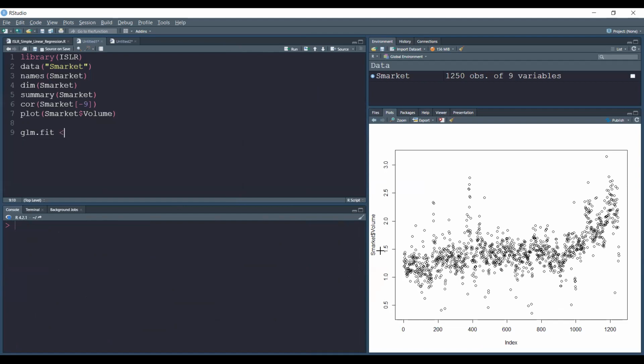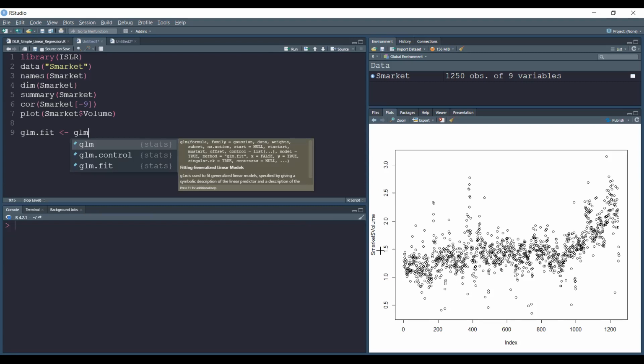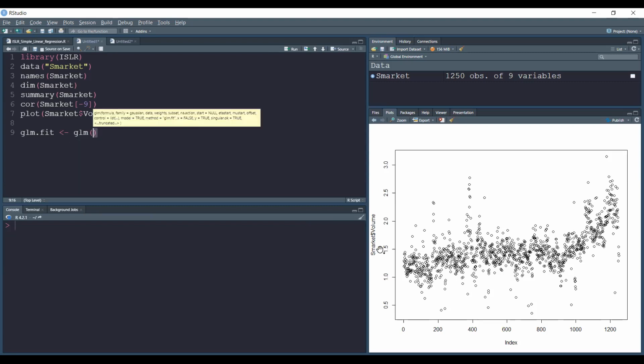So GLM fit. We have our function GLM. We're going to give it the formula direction. Now this might not work because I haven't attached. You might need to do S-market dollar direction, just like I have in 9.7.